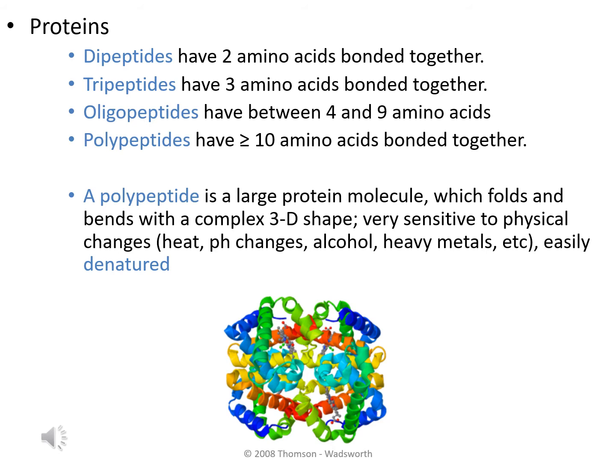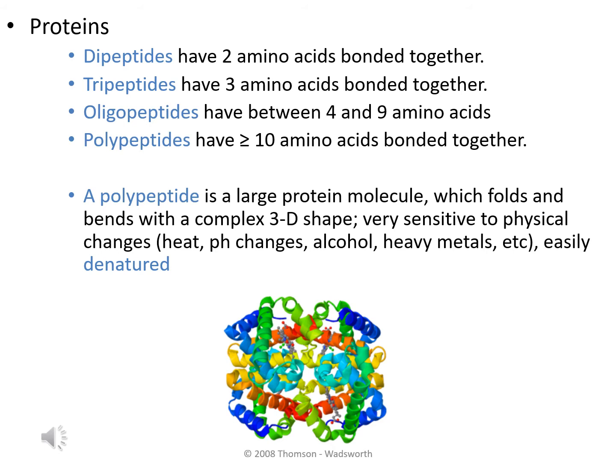Polypeptides are large protein molecules, often having a very complicated structure. They may have a lot of twisting, turning, folding, and tangling involved in the structure itself. These unique shapes allow the protein, though, to perform various tasks within the body, which can include storage, transport, structure, among others.